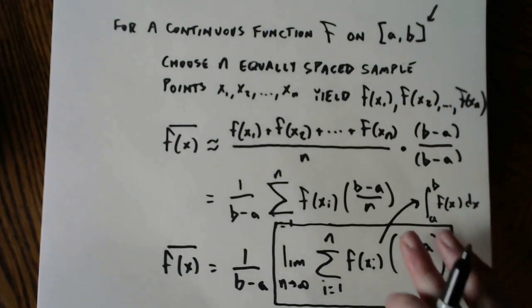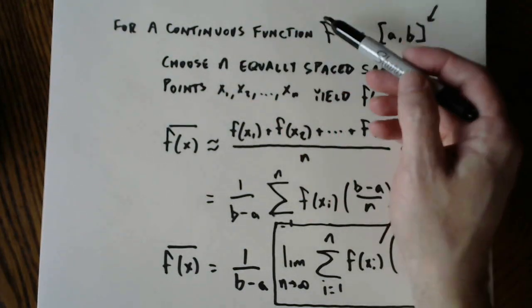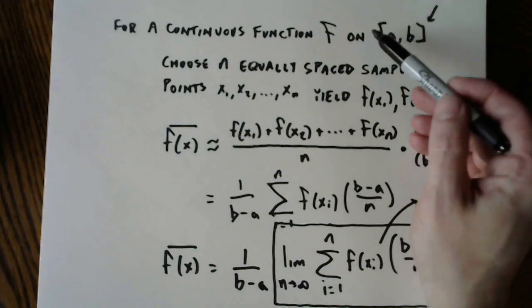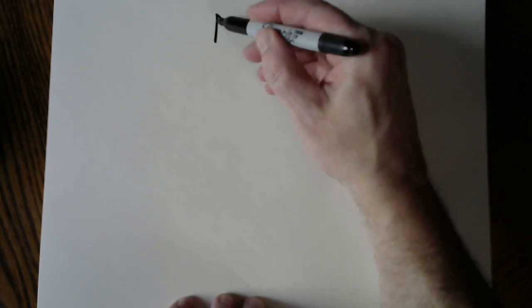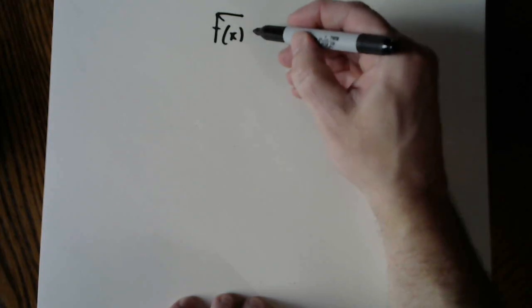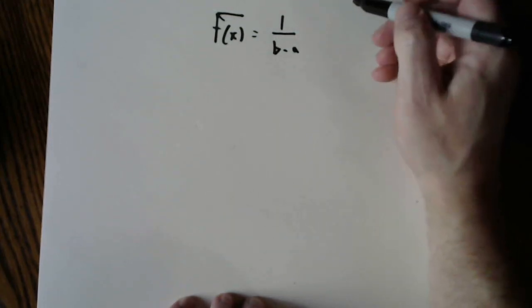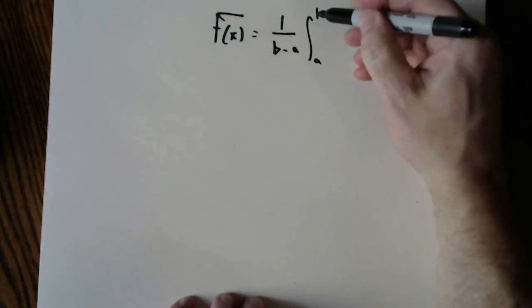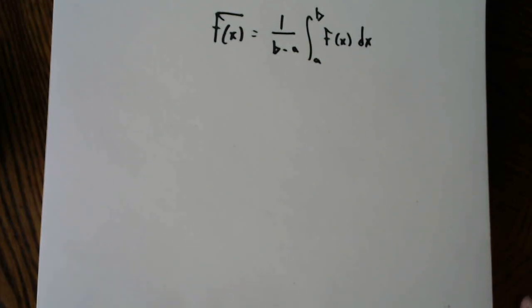So that gives us this formula for the average value of a continuous function on a, b. This is the punchline, effectively. All right, this is my mean notation, the bar. That's my formula. So this is the punchline. That's what you need to know.